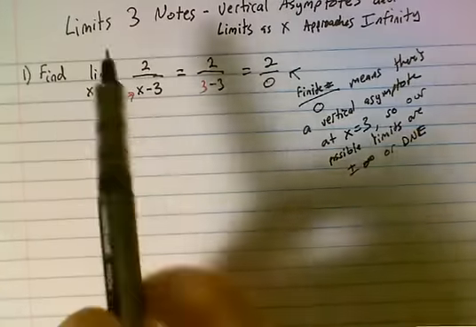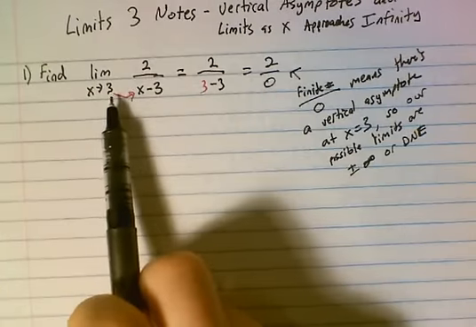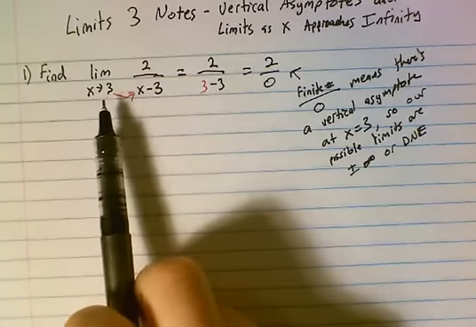So we're trying to find an overall limit. That means we have to find the left and the right limit, just like we have before.